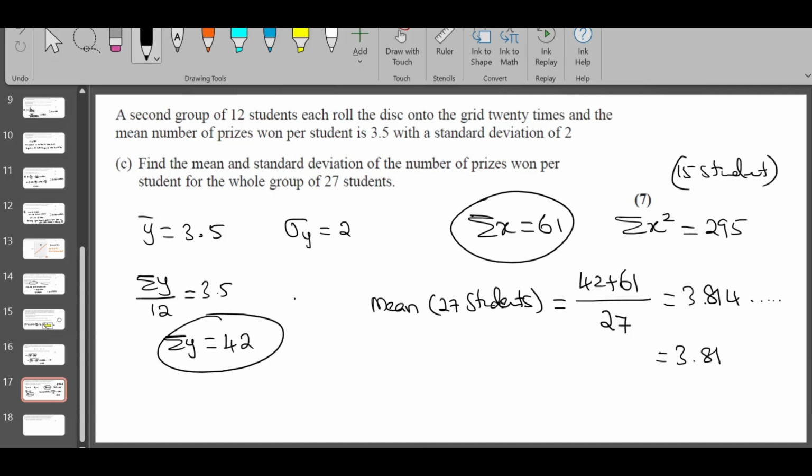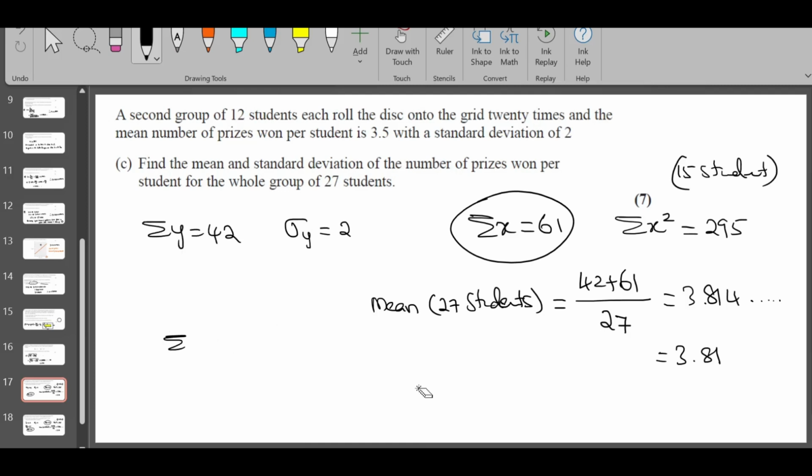Now we are going to find the new standard deviation for 27 of them. To find the new standard deviation, we have sigma y here. Sigma y is 42. Now we have the standard deviation for these 12 students as 2, right?